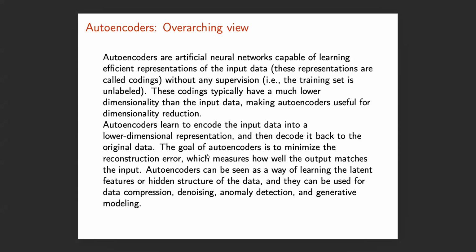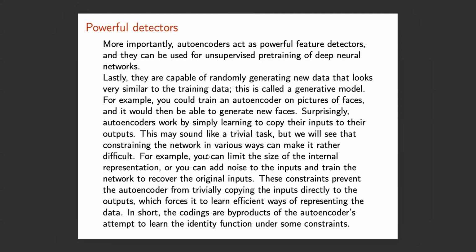So you can build intuition by looking at principal component analysis. And you will be surprised that it's not a very difficult method. And it can be used for generative modeling. So they are powerful feature detectors.